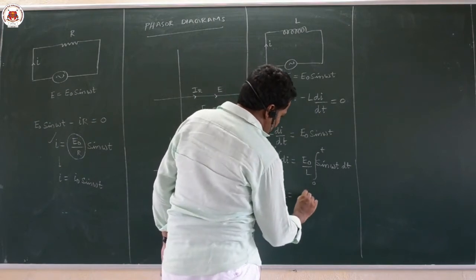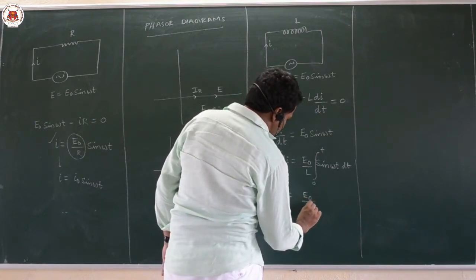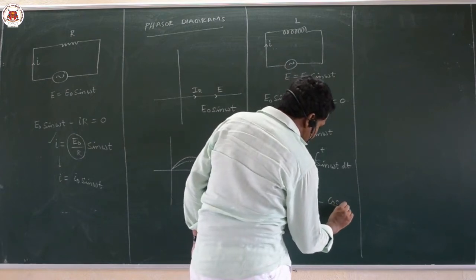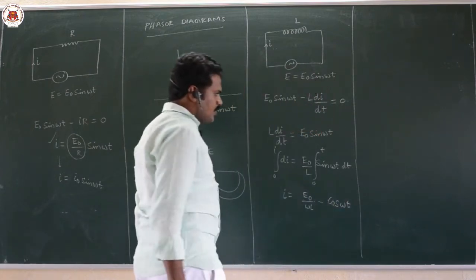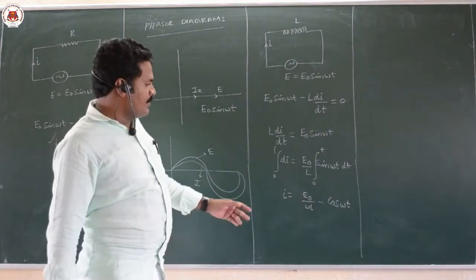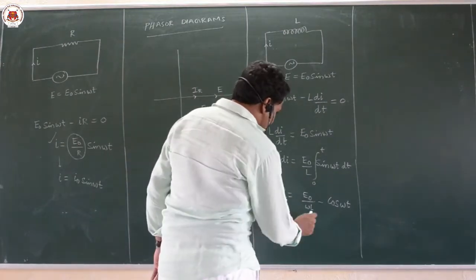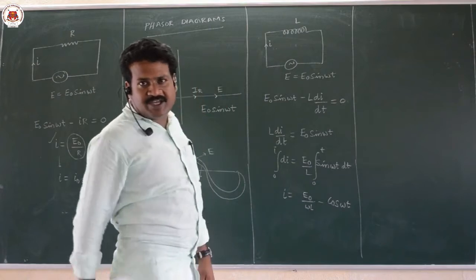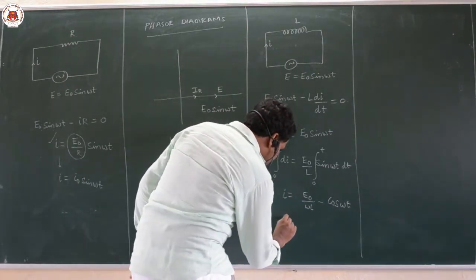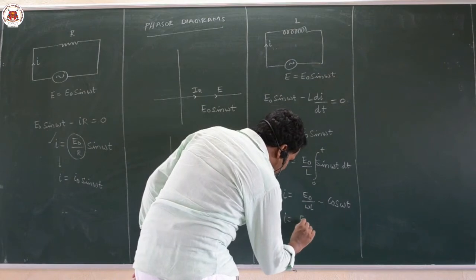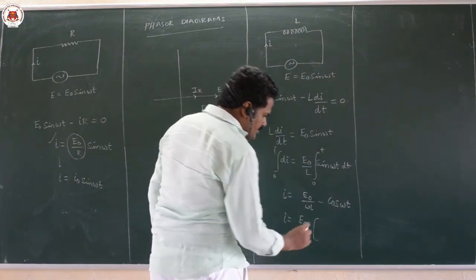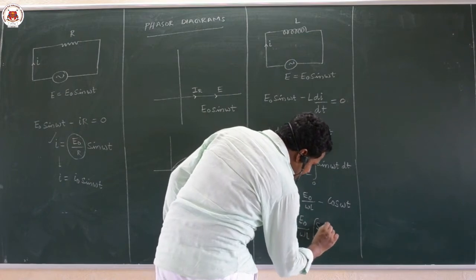I is equal to E naught by omega L into minus cos omega t. I can write minus cos omega t as sin omega t minus pi by 2. Therefore I is equal to E naught by omega L into sin omega t minus pi by 2.